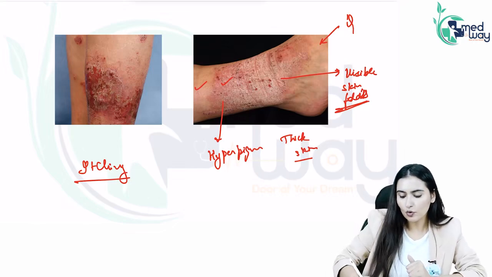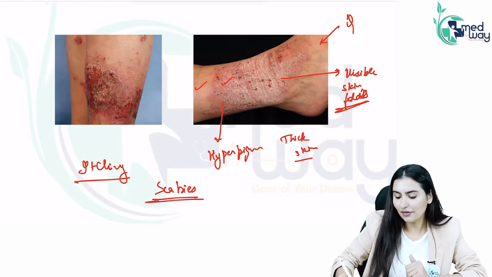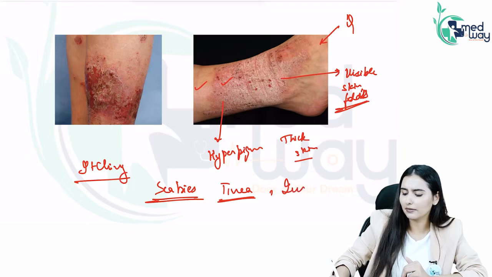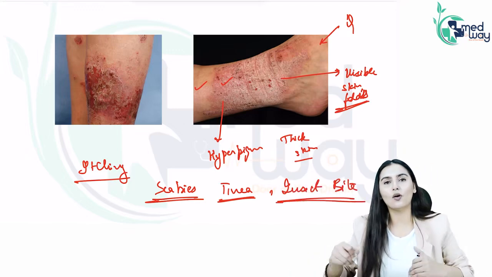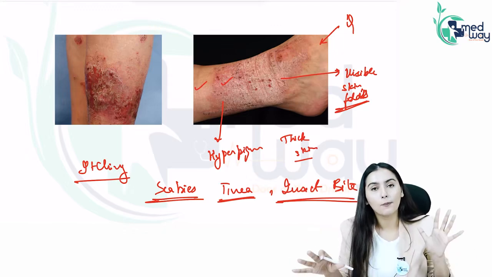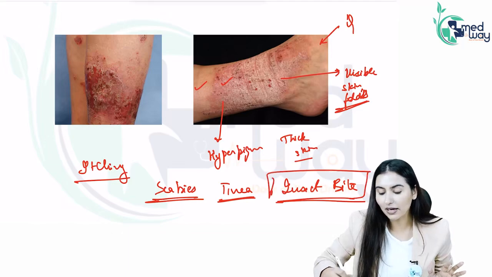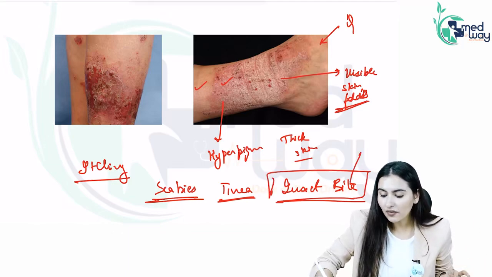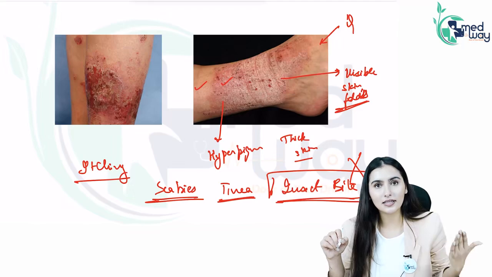Suppose scabies is present, or tinea, or you have an insect bite. You are not itching that insect bite for a year. If you were, lichenification would happen, but normal people don't itch an insect bite for a year. So lichenification is not seen over here even though there is itching.